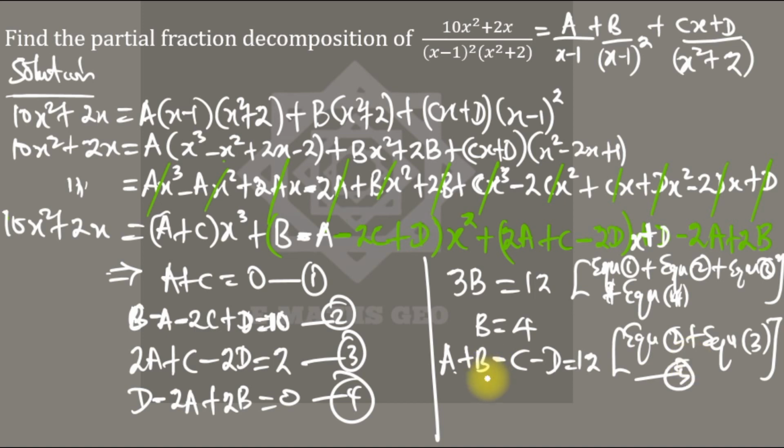So let's add equation 2 and equation 5. Let's add equation 2 and the last equation. I have minus a gone. B plus b, I have 2b.